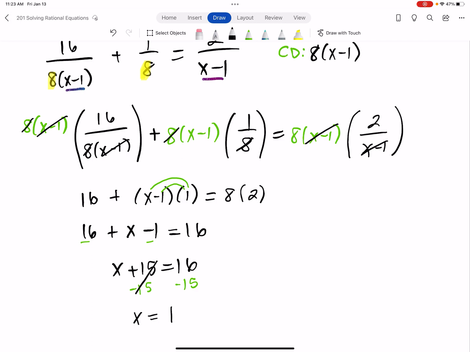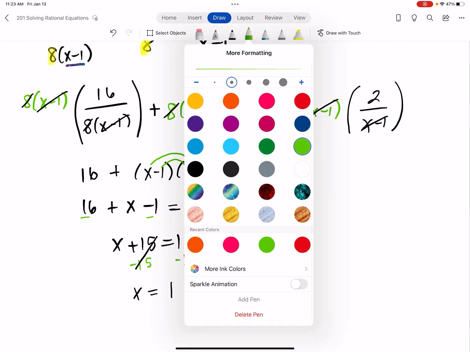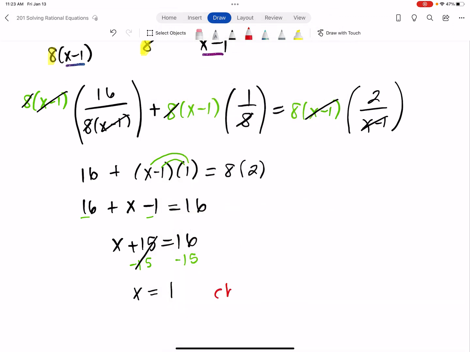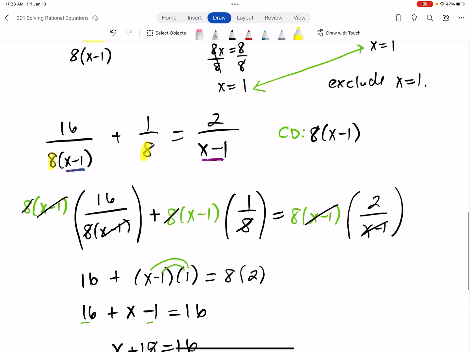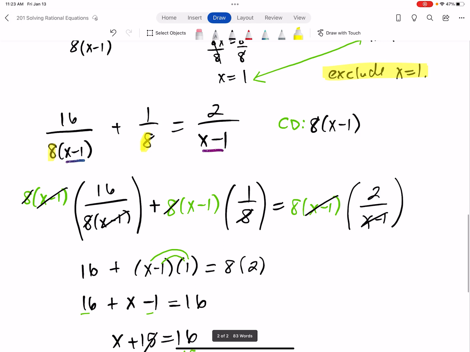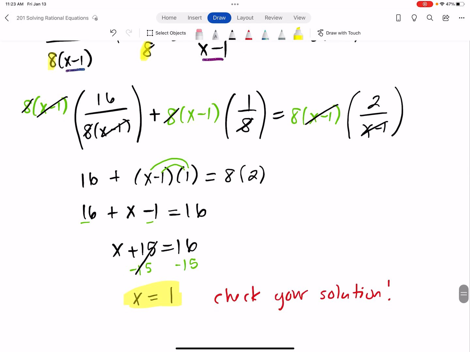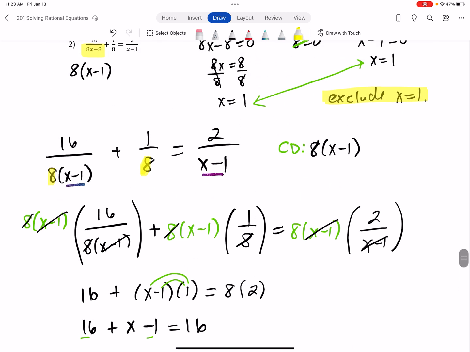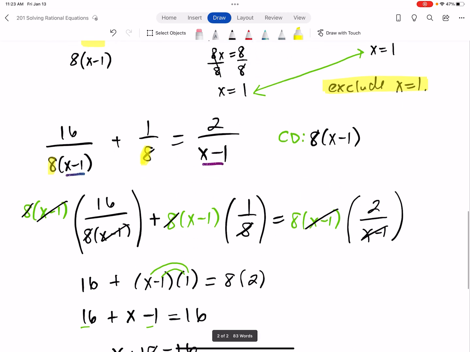Okay, so remember, an important step of solving rational equations is check your solution. And remember, we're checking to make sure that the value that we got as our answer was not the value that we said to exclude up here. And unfortunately, in this example, we say the solution is x equals 1, but up here we said exclude x equals 1.